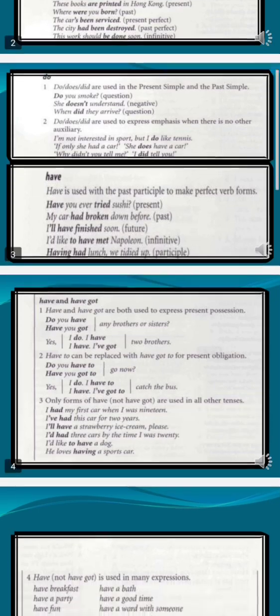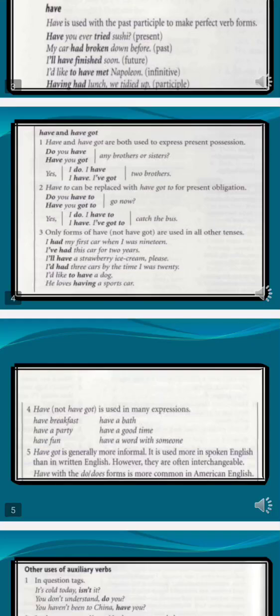Have and have got. Number one, have and have got are both used to express present possession. For example, do you have any brothers or sisters? Have you got any brothers or sisters? Yes, I do. I have two brothers. Yes, I have. I've got two brothers.